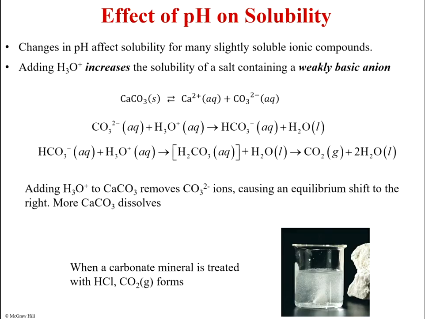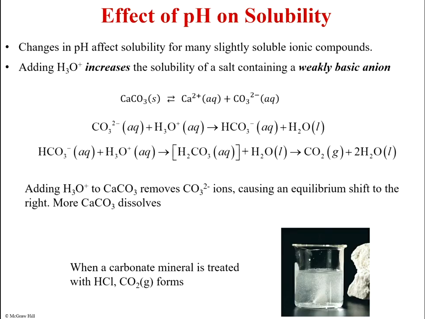An example would be calcium carbonate. Calcium carbonate is the primary component of limestone, as we'll see in a moment, and this dissolves in water to form calcium and carbonate. Carbonate is a base, being able to react with acid to form bicarbonate, which can react with acid to form carbonic acid, which can produce carbon dioxide gas.